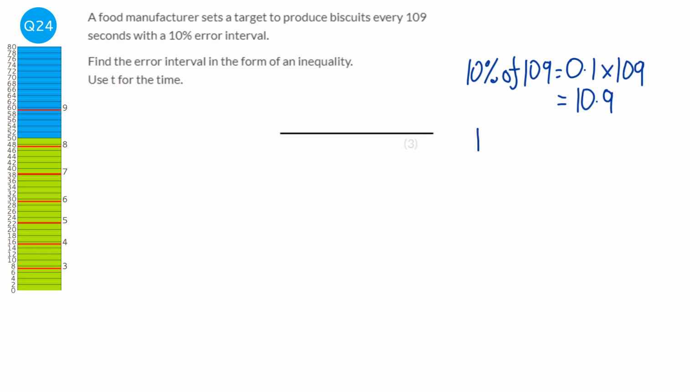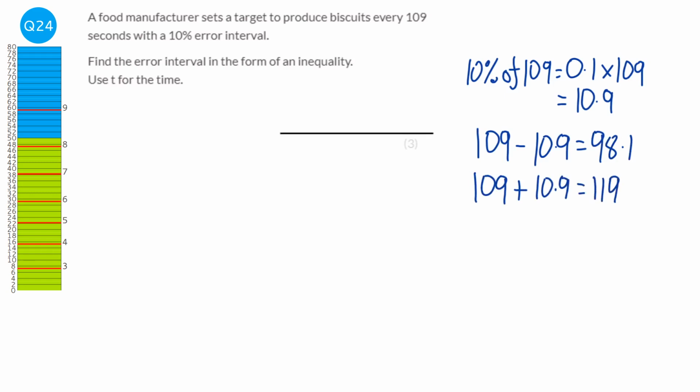So 109 take away 10.9 gives us 98.1, and 109 plus 10.9 gives us 119.9. So our error interval is between 98.1, and it says to use t, and 119.9.